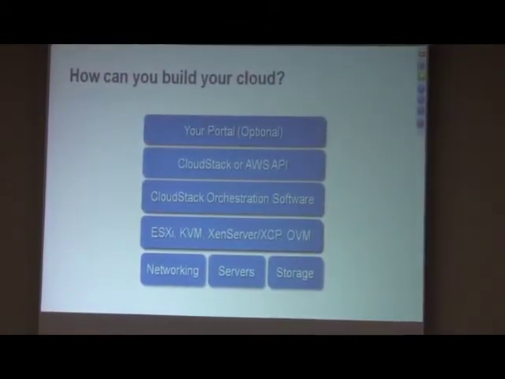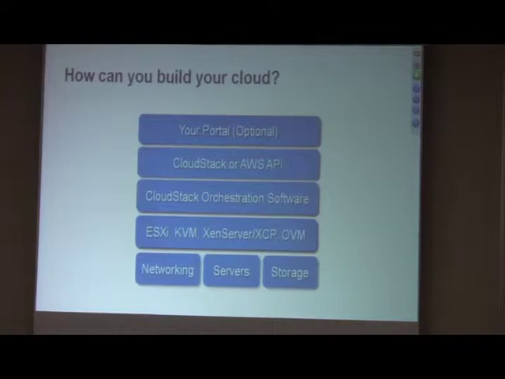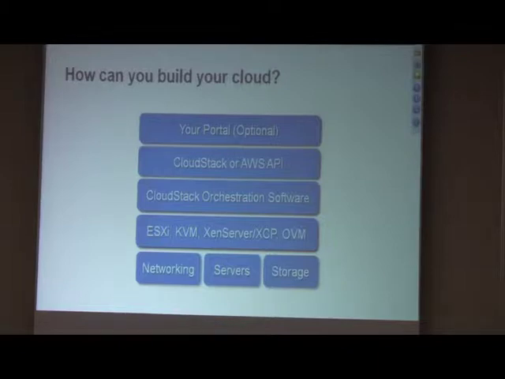Then you can put a portal on top of that API to provide the same functionality as the Amazon EC2 service. Citrix has a cloud portal software that you can put on, but that part is not part of the CloudStack software stack.